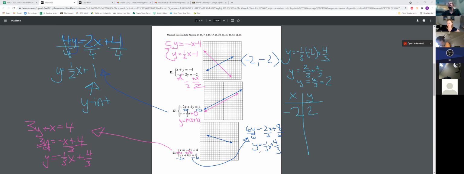So how would we simplify this out? How would we want them to write their answer then? Can they just write infinite? I would like to see the set builder notation. Okay. So if we say that x can be any real number, then we need to also plug in the y. So how do you want them to do it then?